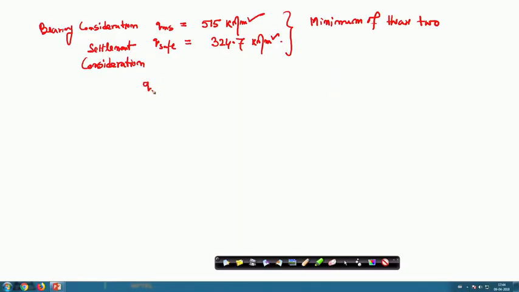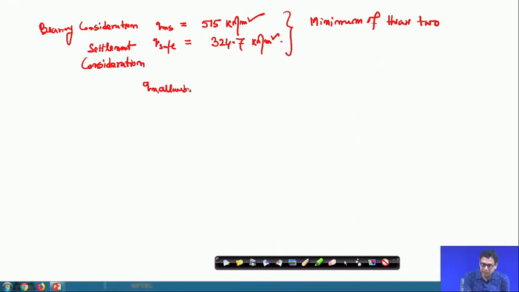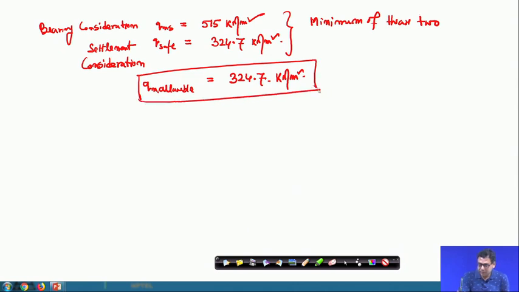So, minimum of these two will give you Q net allowable. So, this Q net allowable will be 324.7 kilonewton per meter square. So, this is the net Q allowable.